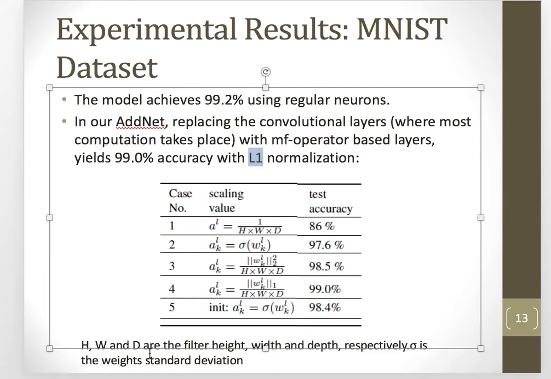H, W, and D represent the filter height, width, and depth. We also tried various other parameters like standard deviation, but they don't produce as good results as this. This is obviously the best one in terms of computational cost and recognition accuracy.